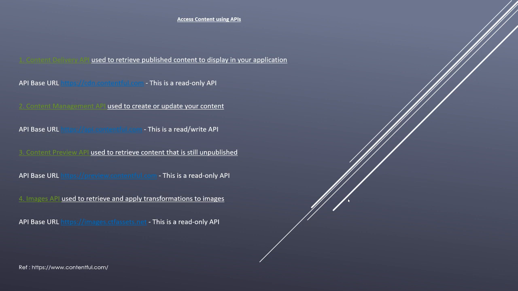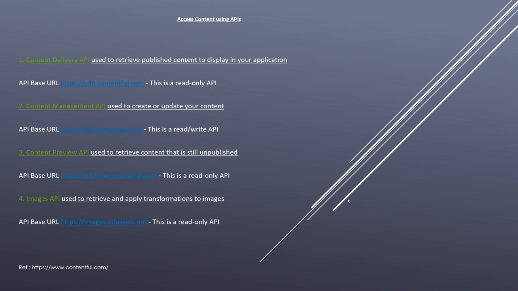The content which has to display on the systems should be updated using the Content Management API, which is https://api.contentful.com. This is a read or write API, which means we can read the content as well as write the content into the Contentful system using the Content Management API.